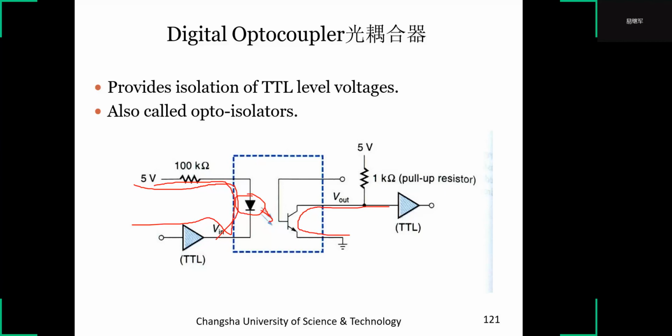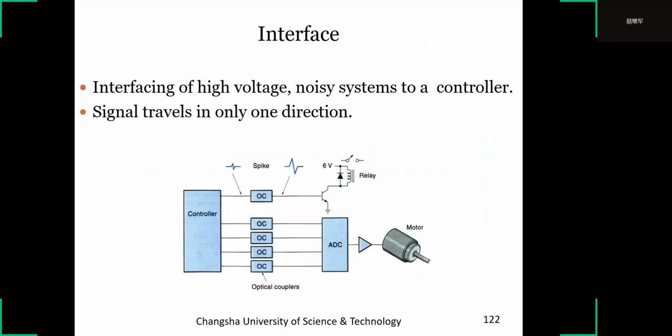Opto couplers provide isolation of TTL level voltage, also called optical isolators. They are used for interfacing high voltage noise systems to a controller.